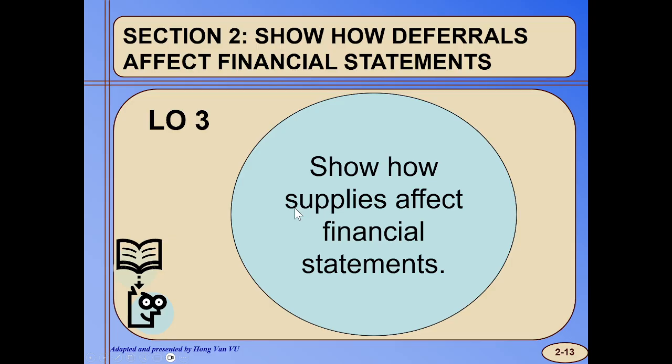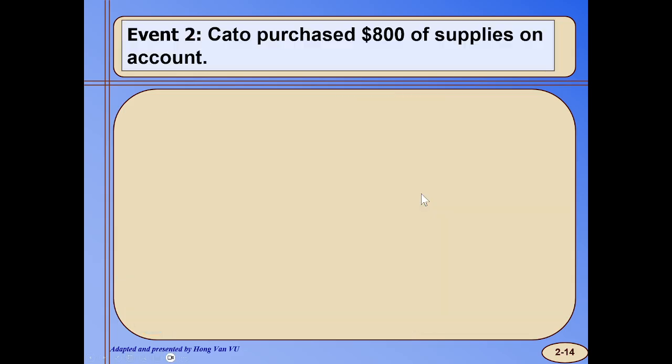Now look at learning objective 3. We will show how supplies affect financial statements. So we look at event number 2. Cato purchased 800 of supplies on account. So what does supply mean? Supplies are things used to support the office that will be used up in less than one accounting period, or less than 1 year.